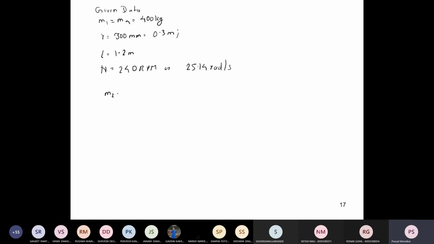M2 and M3 are masses of inner cranks 2 and 3, and theta 2 and theta 3 are the angular positions.